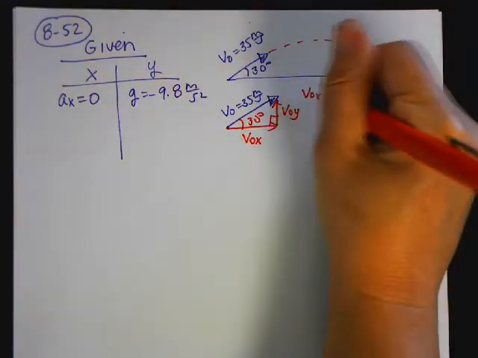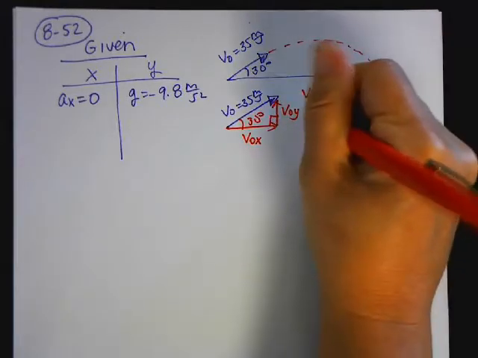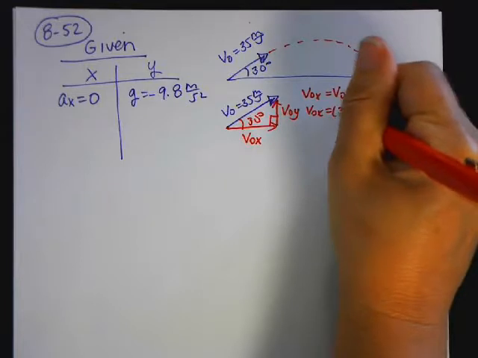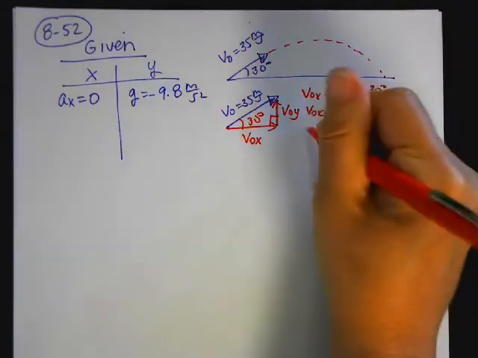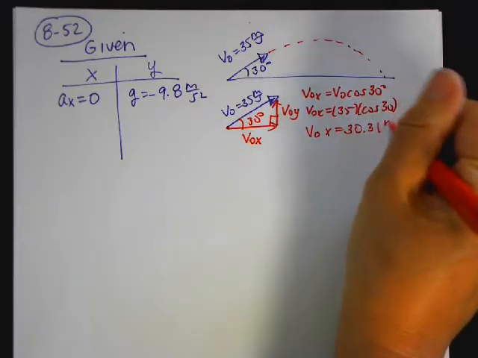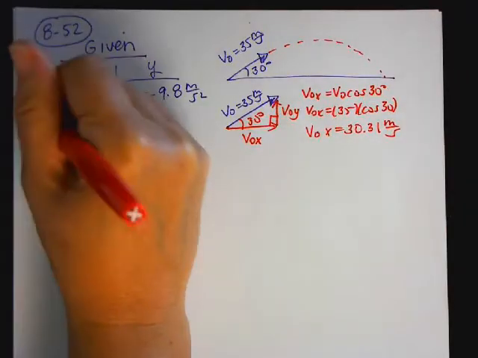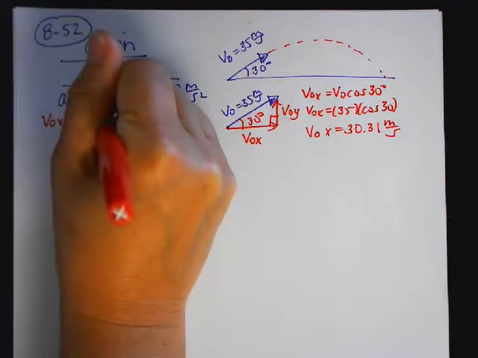So v0x is equal to v0 cosine of 30. So v0x is equal to 35 times the cosine of 30. And then when I put it in my calculator, v0x is equal to 30.31 meters per second. So now I'm going to put over here, v0x is equal to 30.31.